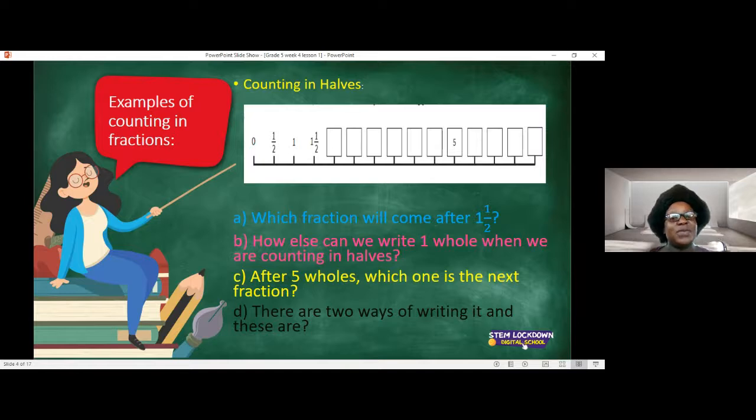With this one, if you are able to access the chat, I would like you to write the answer for that one. How else can we write one whole when we are counting in halves? I've already said it's 1, but how else can we write it? What's the other way of writing it?